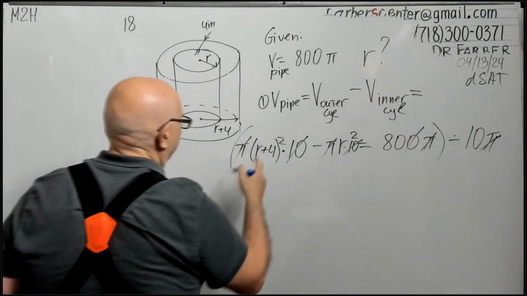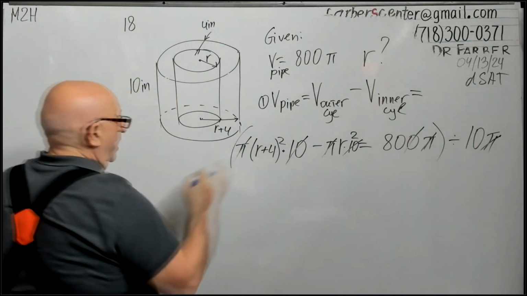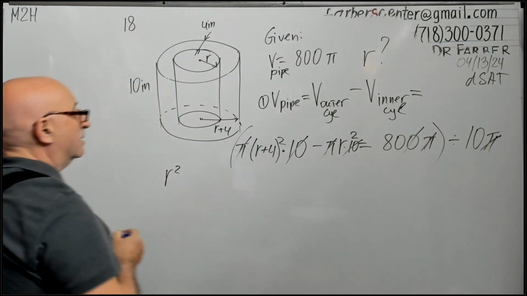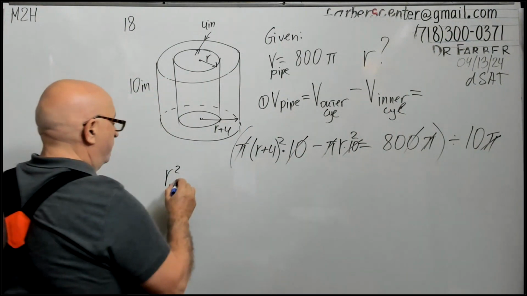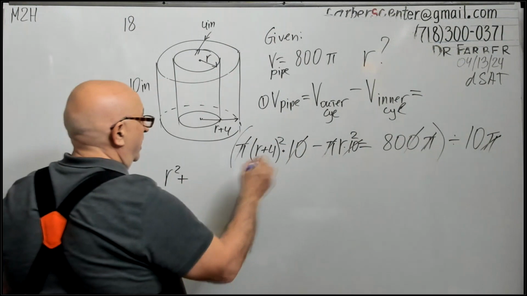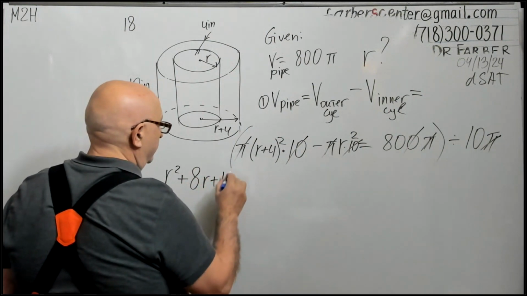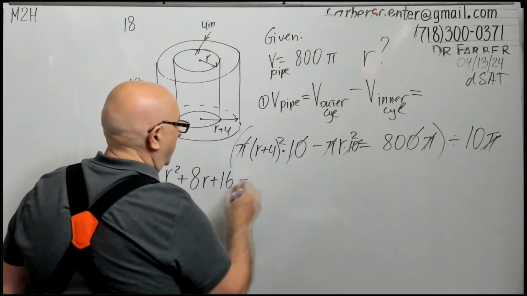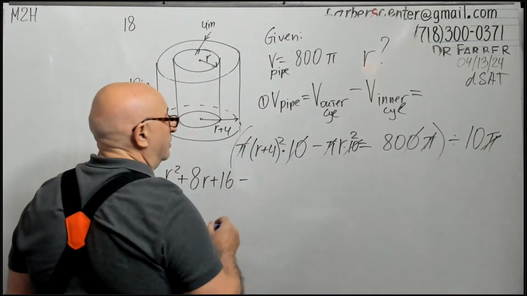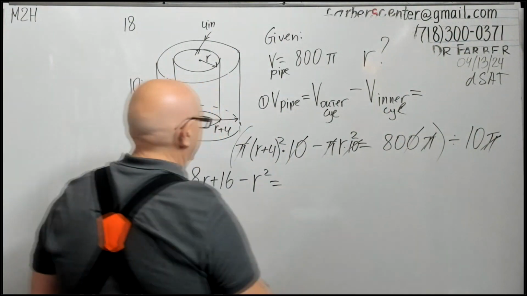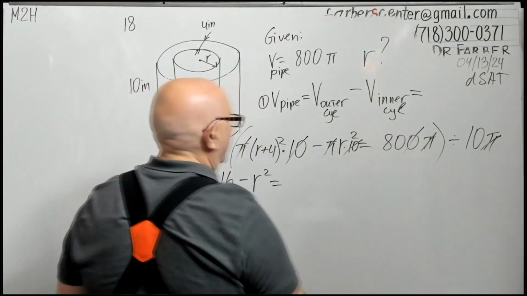Beautiful. What is left? R squared, applying the expanded form formula, plus 8R plus 16, minus R squared equals 80.